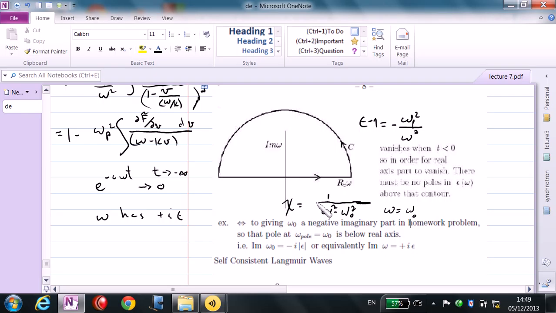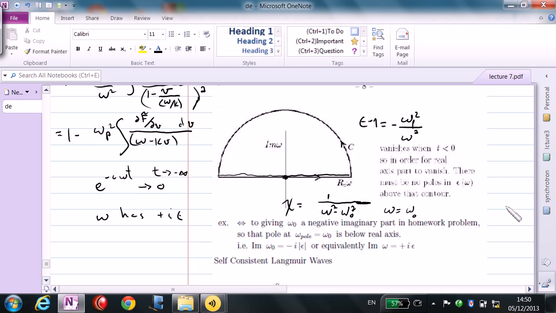This is not the best way to say it. I think the best way to say it is, look, I have a pole exactly at omega equals 0, and if I always allow omega to have a positive imaginary part, I'll be sure to go above the pole. I miss the pole, and it will be 0.